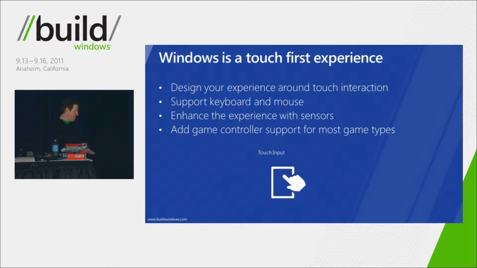But because Windows 8 is going to run not just on tablets that are really oriented around touch, but on desktops, convertibles, all-in-ones, all of these different types of devices, you should support keyboard and mouse as well. We're definitely not encouraging you to think, oh, all I'm going to do is make touch games because it's just for tablet. Think about all types of input.